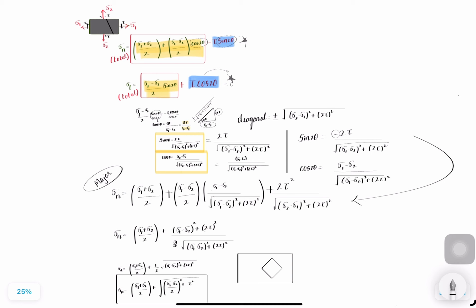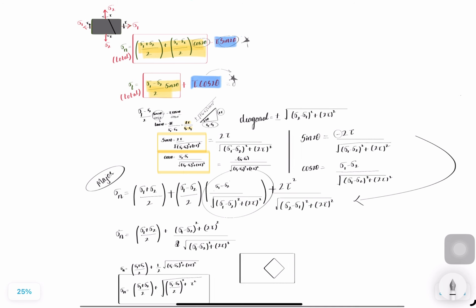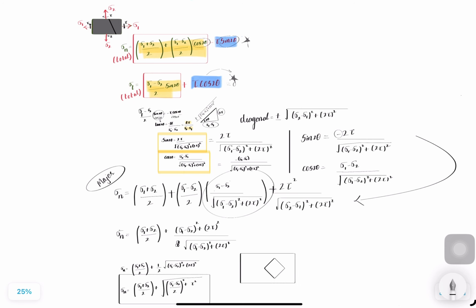So I am substituting the sine 2 theta. Oh, I'm sorry, that circle is our cos 2 theta term, my mistake. So I'll do this one more time. Let me mark that in red. So that is our cos 2 theta term.